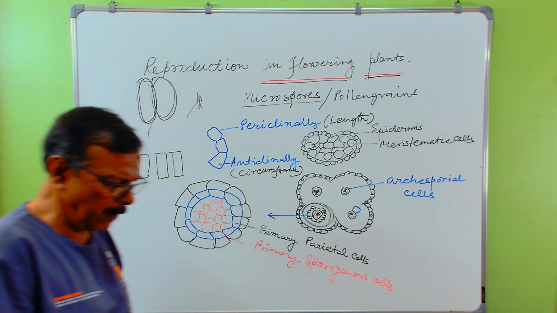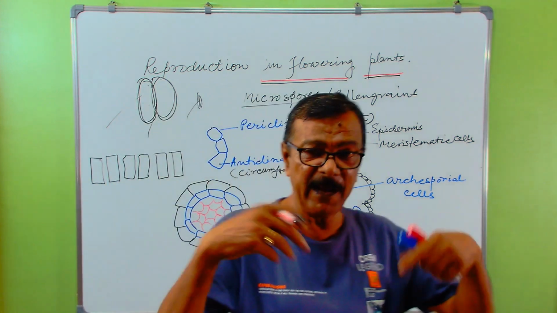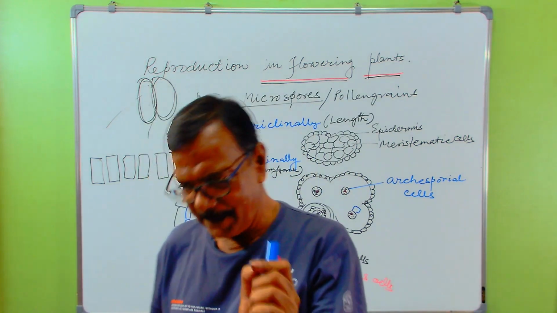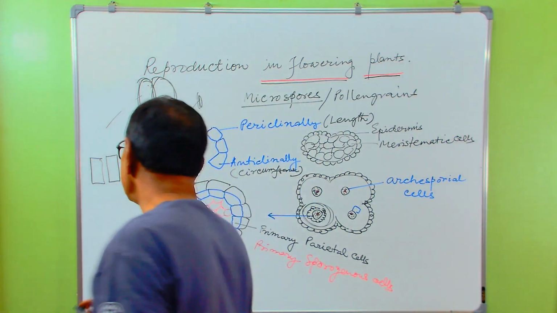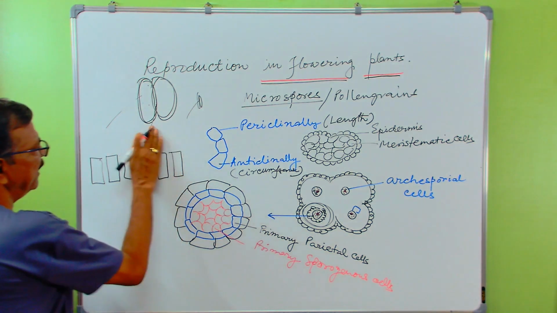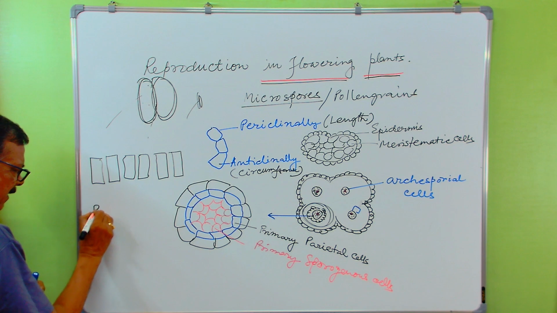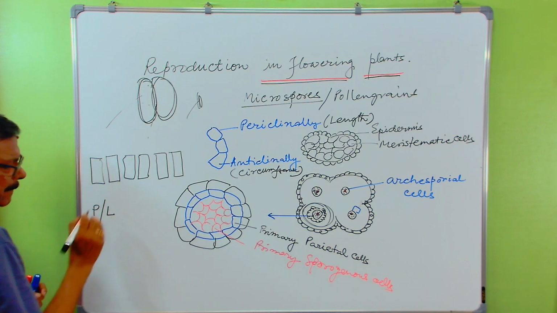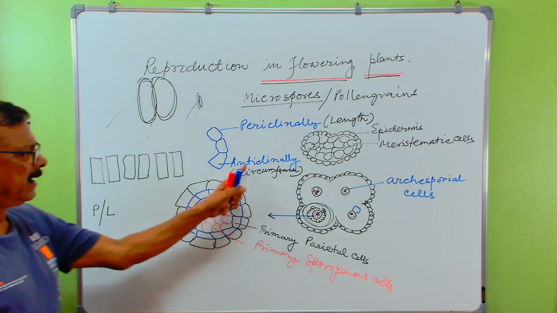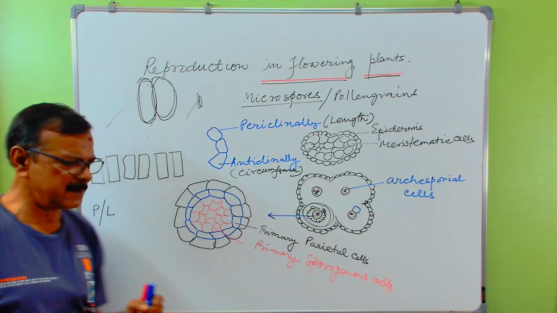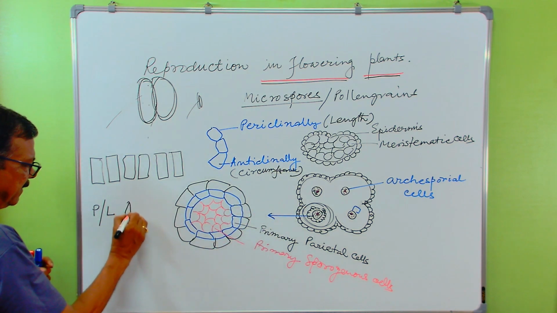So we should write periclinal and anticlinal. But in the exam hall, we will not be able to recollect what is what. I am giving you a simple tip. Periclinal is length, so I am writing PL. Anticlinal is circumference.